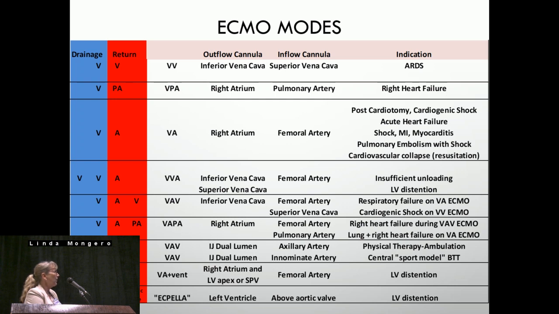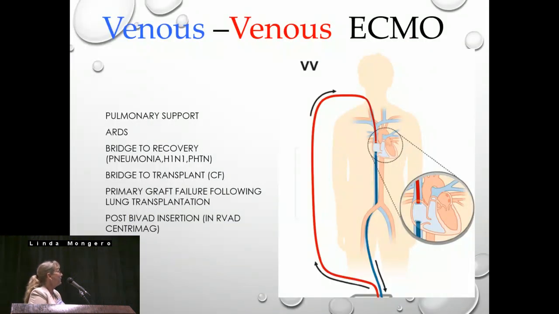Or now we have what we call ECPella, when you go to the cath lab and they've already put a balloon pump in and then put the Impella in and then said, okay, now we need ECMO. And we said, well, why do we need ECMO if you already have Impella? Well, because the Impella can act as a left ventricular vent. So that's called ECPella. I think it's interesting.